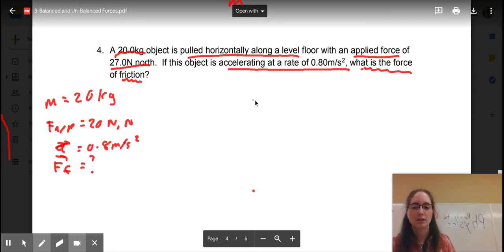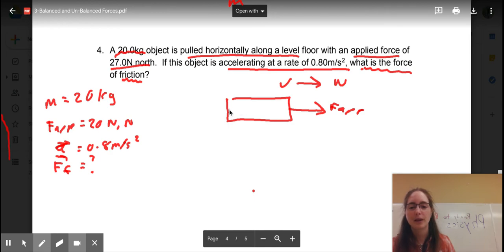Okay. So I have everything listed out, and I'm going to draw my free body diagram now, which you need to do for pretty much every one of these questions, ladies and gentlemen, if you want full points. My velocity is going north, and this is going to be my force applied and my force of friction.